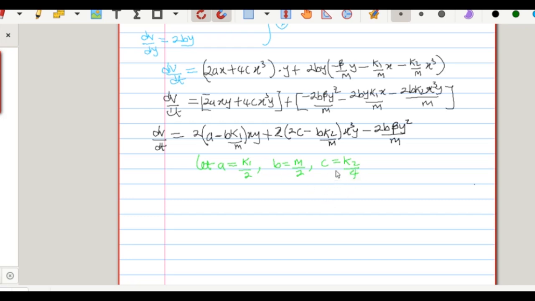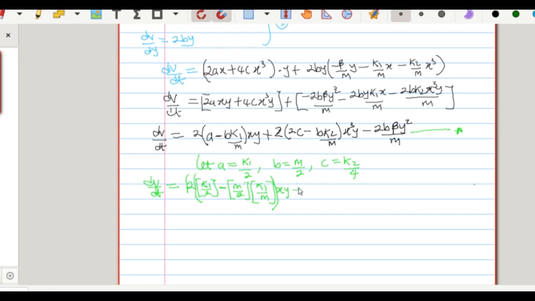Substituting all of this into equation star, dV over dt will now become 2 into k1 over 2, that is a, minus b, which is m over 2, multiplying k1 over m, and all of this is multiplying xy.